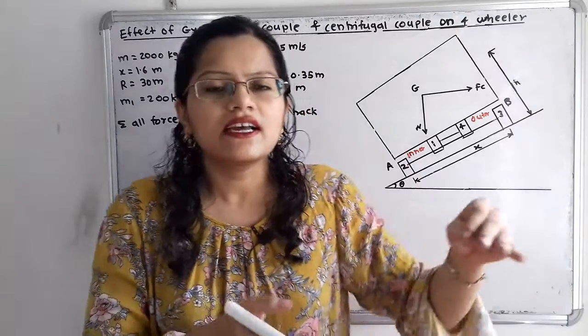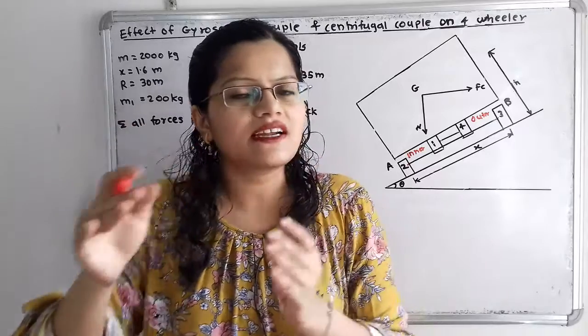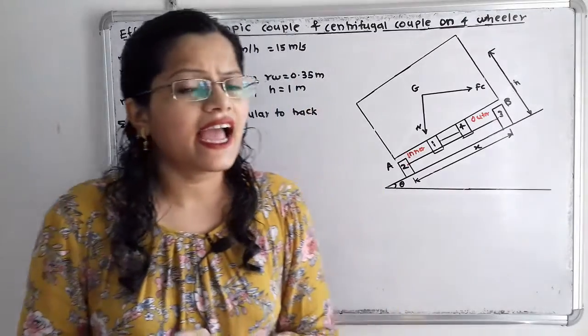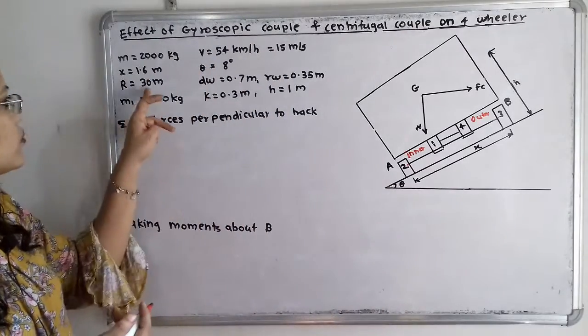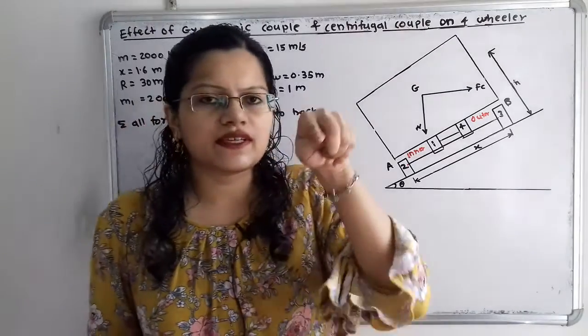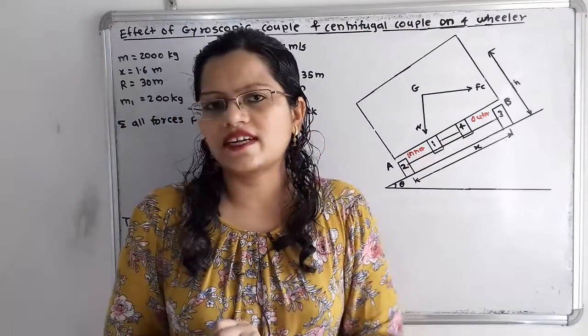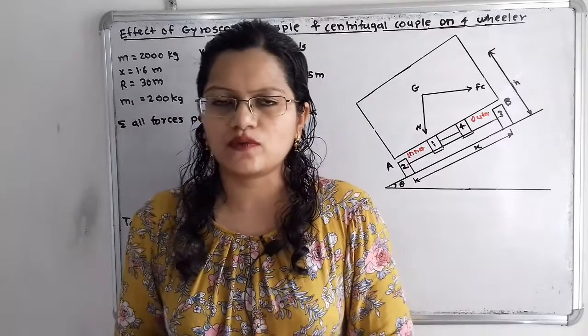This turning process takes place along that road, or we can say track. This track has a radius of curvature, capital R, equal to 30 meter. From that radius of curvature there is the center, and from that center there is the axis of precession.